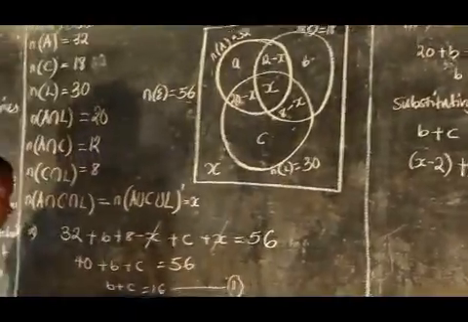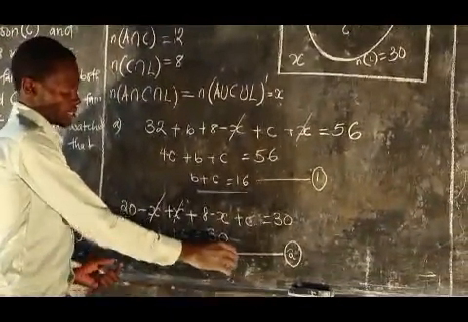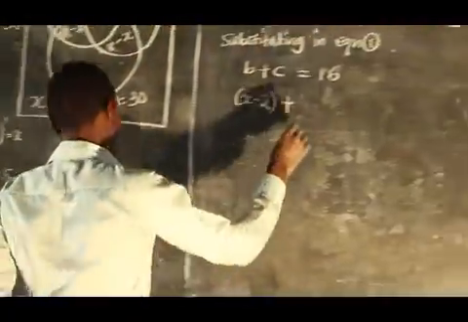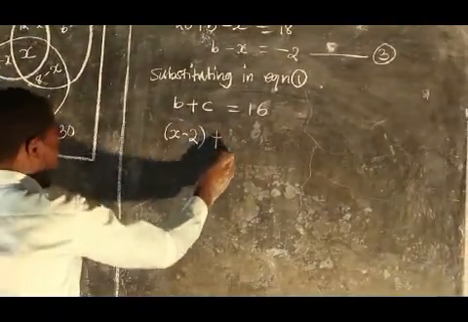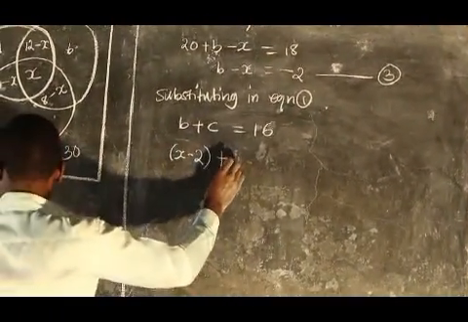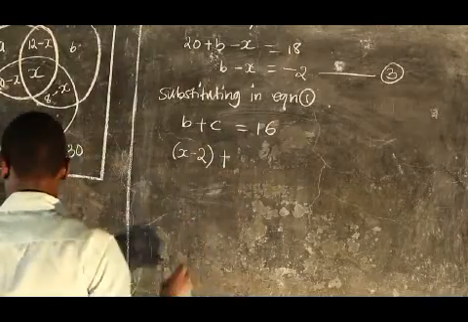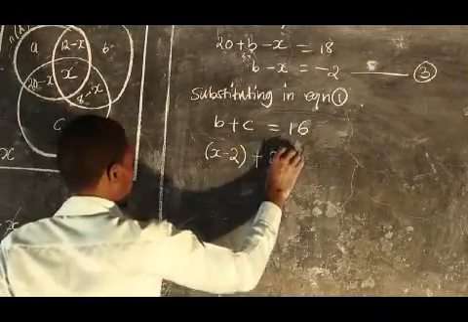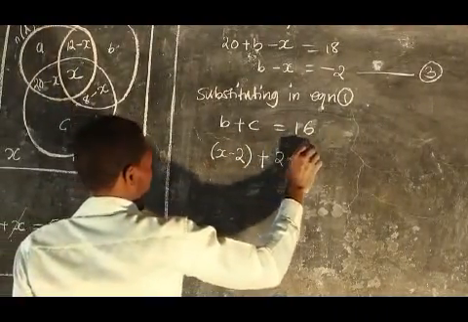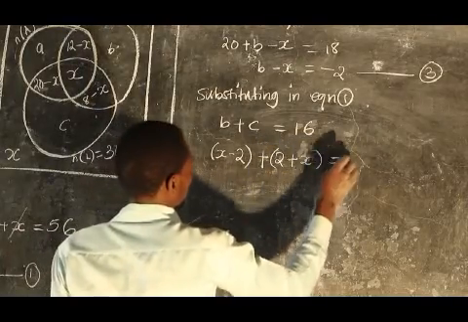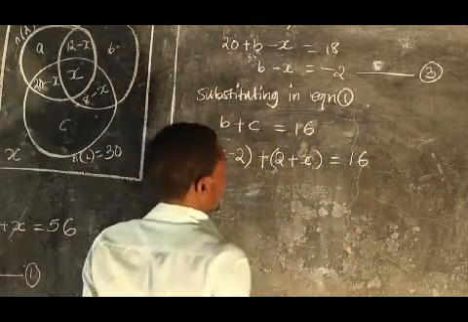From equation number 2. If we bring x this side, it's going to become a positive. So you're going to have c equals 2 plus x. This one is going to be equal to 16.